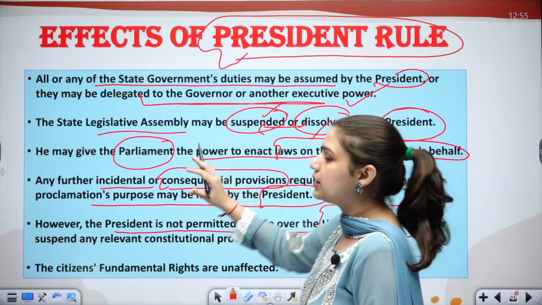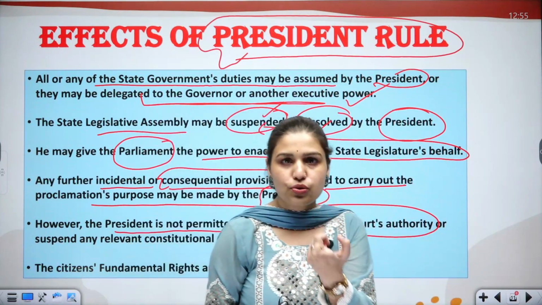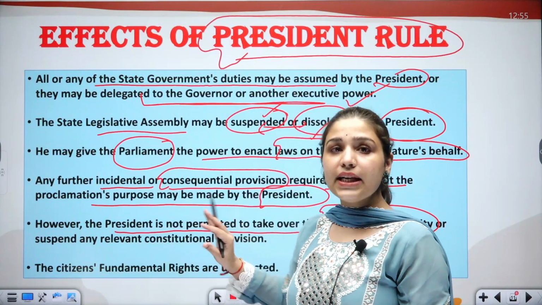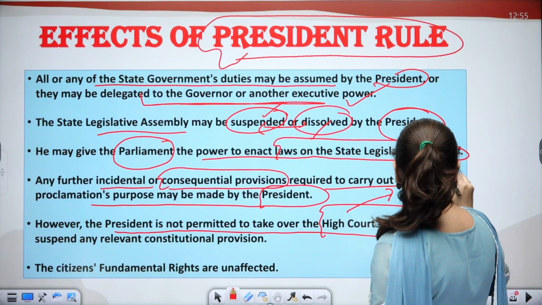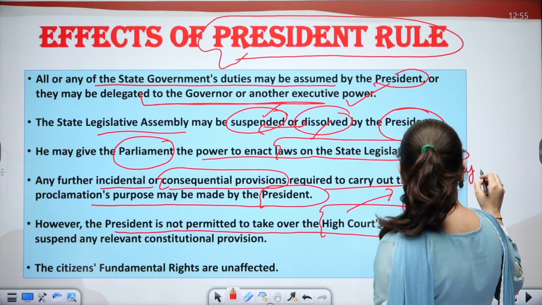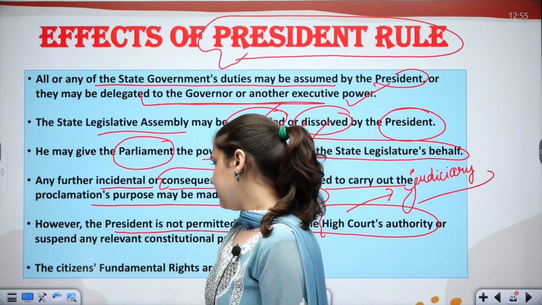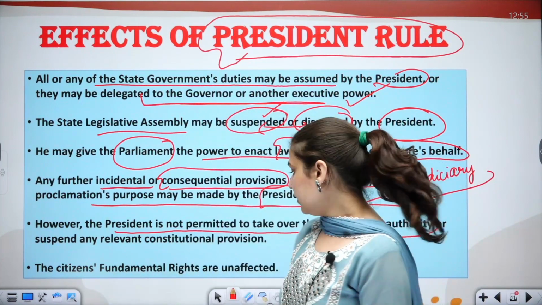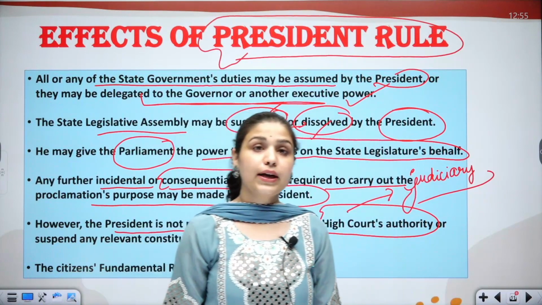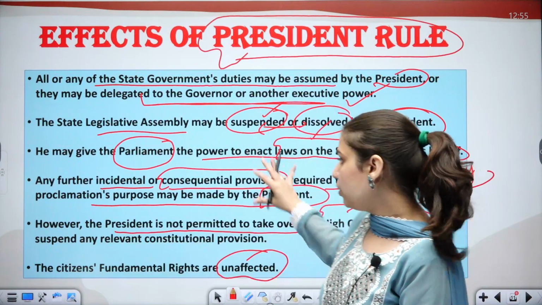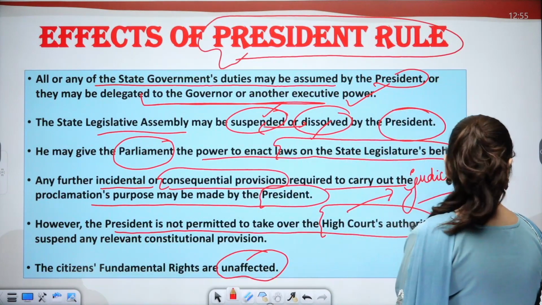All the powers of the state legislature lie with Parliament, specifically for administrative purposes. But the judiciary powers cannot be taken over. The powers of that particular state high court cannot be taken over by the president. And if we talk about fundamental rights, fundamental rights are unaffected. Fundamental rights are affected during the national emergency, not during president rule. So these are the effects of president rule.